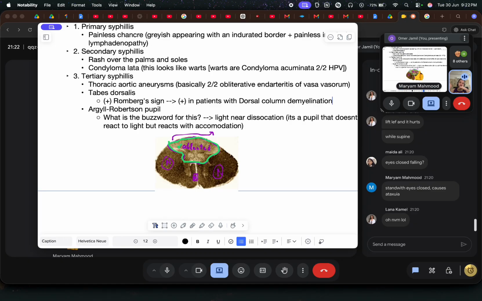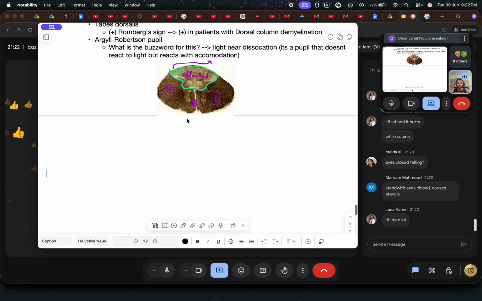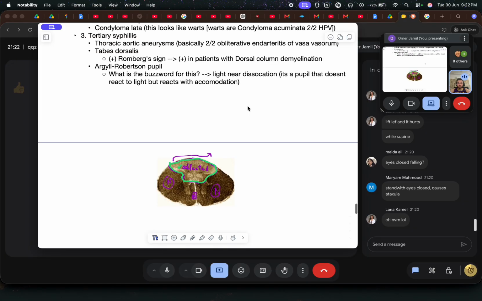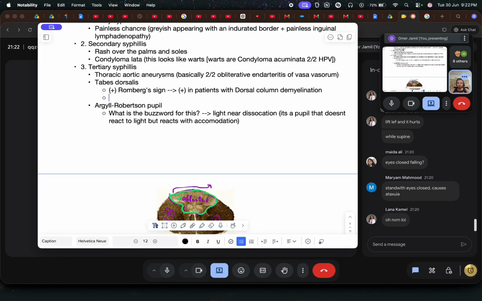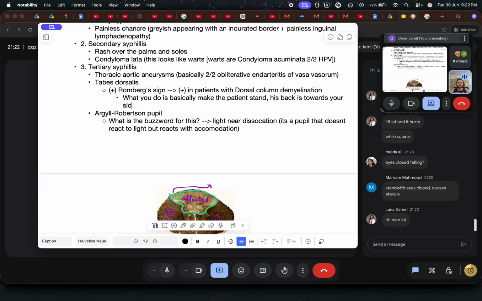I want to type this up for completeness' sake. You make the patient stand, with his back towards your side. Then you instruct him to close his eyes while standing.